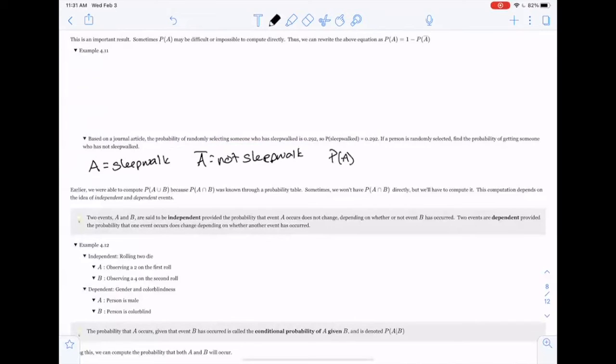And I know the probability of A plus the probability of A complement has to be 1. If I'm looking for the probability of not sleepwalking, I get 1 minus the probability of A, 1 minus 0.292. That's going to be 0.708. That is the probability of finding someone that has not sleepwalked.